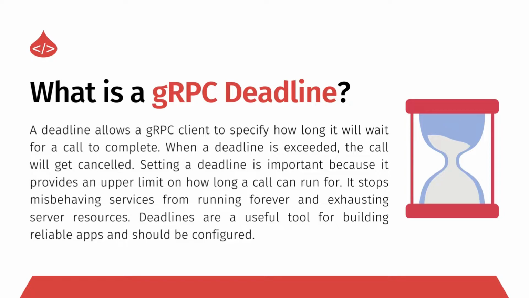So setting a deadline is important because it provides an upper limit on how long a call can run for. It stops misbehaving services from running forever and exhausting the server resources. Deadlines are a useful tool for building reliable apps and should be configured.